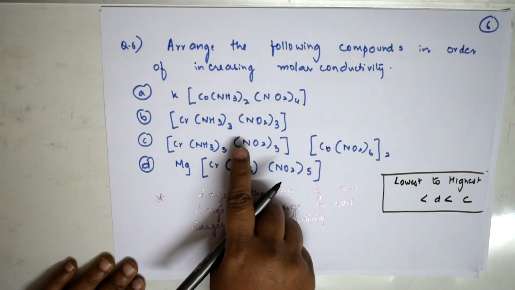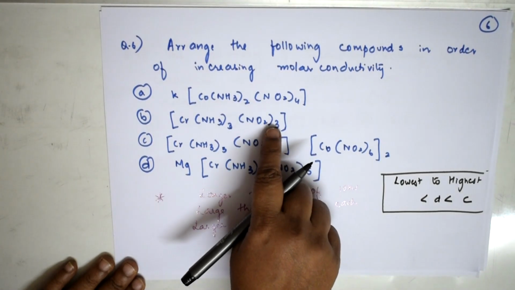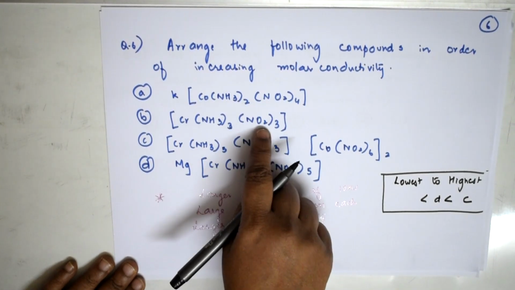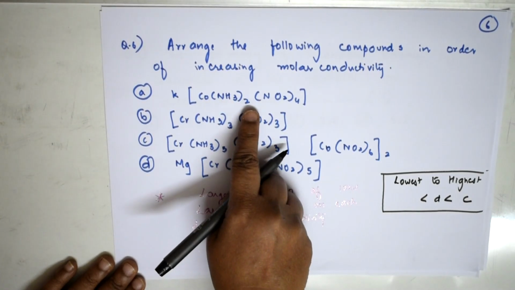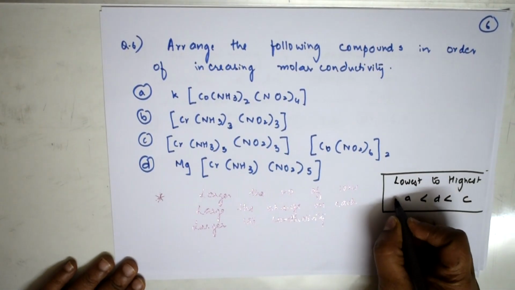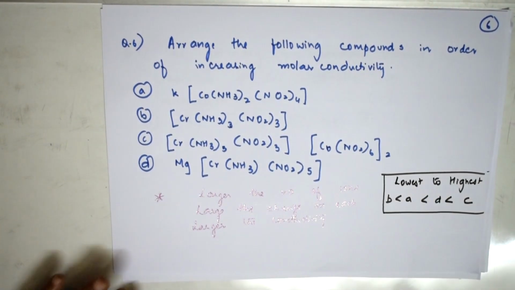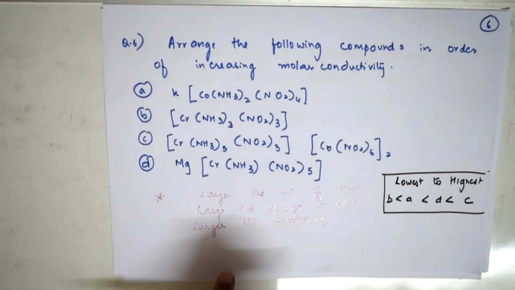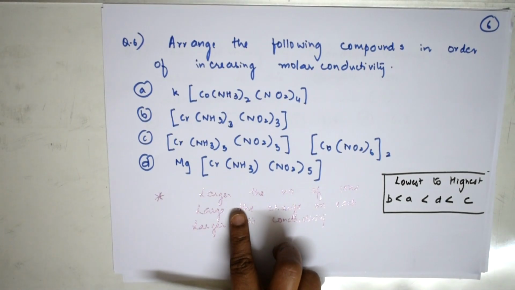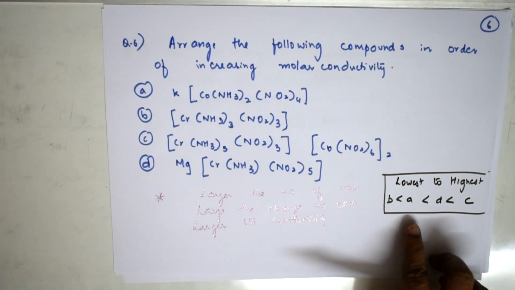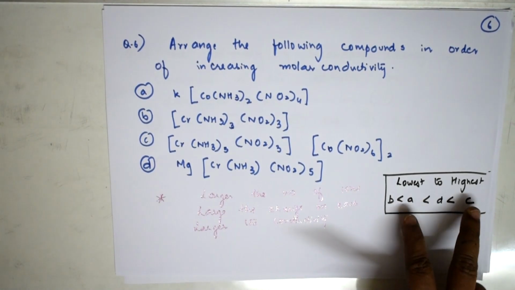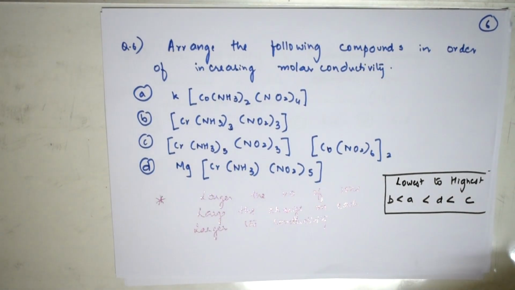We have two options left, one is A and one is B. Compared to these two, more number will be in A. So, remember this, larger the number of ions, larger will be the charge, more will be the conductivity. So, the order would be from lowest to highest, C has highest, B has least.